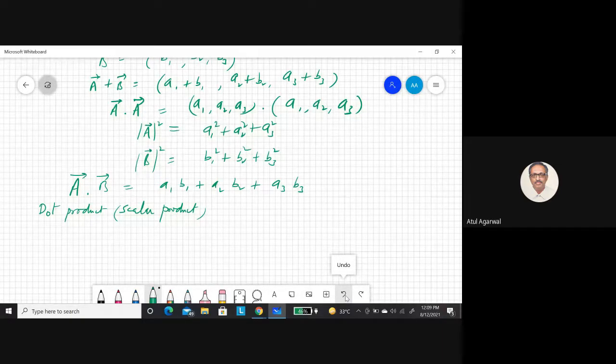So if you have got two vectors a and b, you can always make them intersect if they are not parallel.